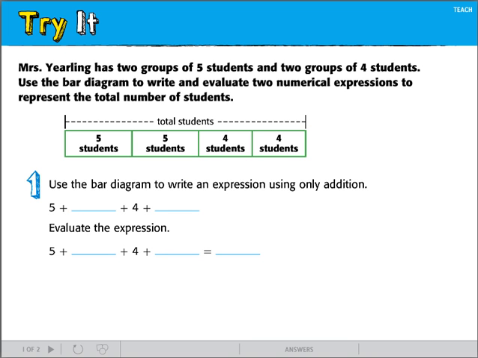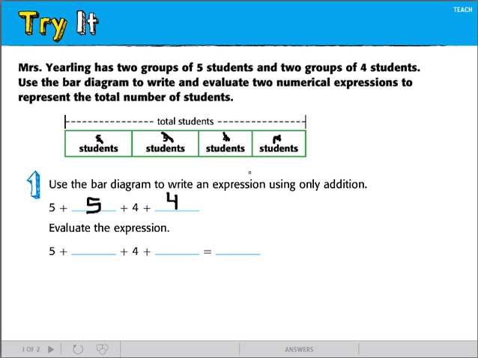We just need to make sure that we have the same digits from our bar graph in our equation. So here we have 5 students. So we have a 5. 5 students. That's a blank, so we're going to fill that in with the 5. Cross it out. Then I have a 4. Here's 4 students. I'm going to get rid of that. And how many students do we have left? 4. So we're going to come down here and we're going to fill this in with the 4.